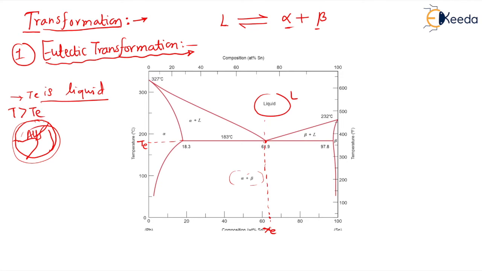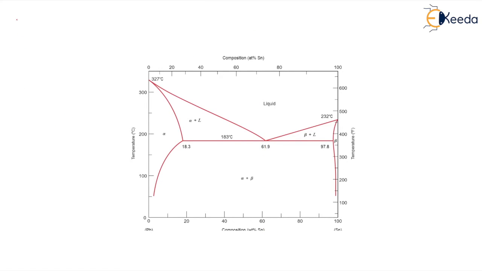So here I am writing temperature greater than Te. What will be our observation? Here it is all liquid, in this region above the eutectic point. Everything is liquid.